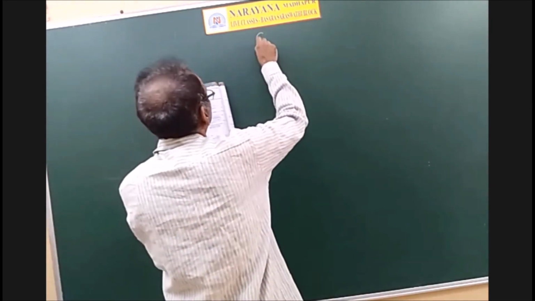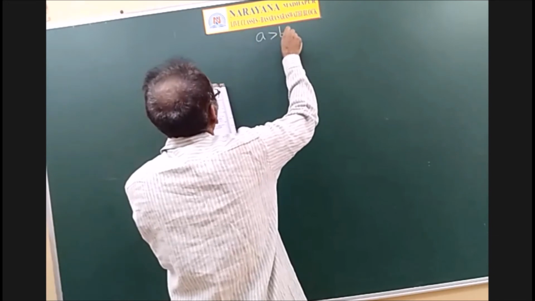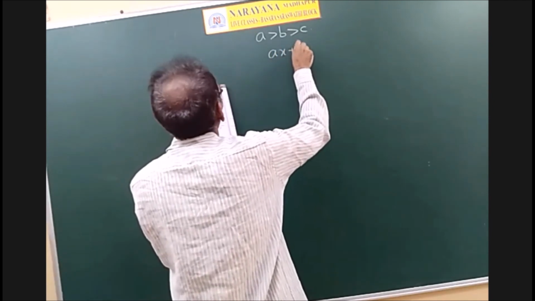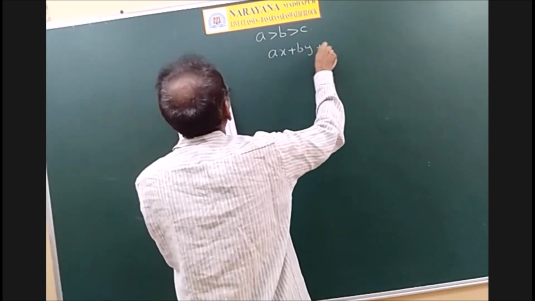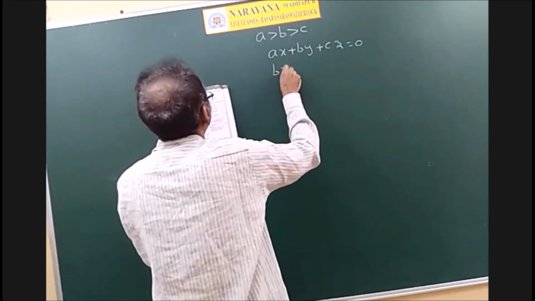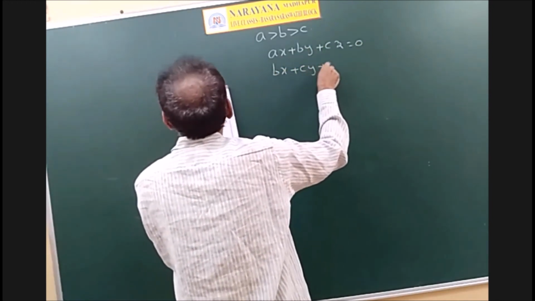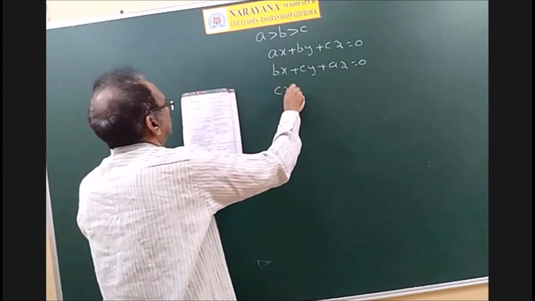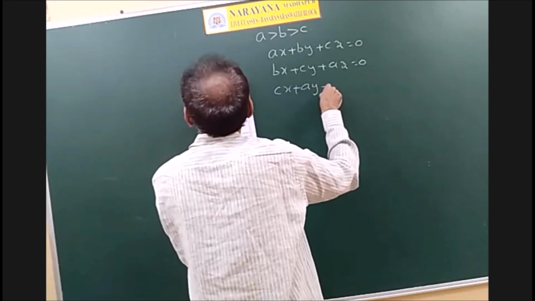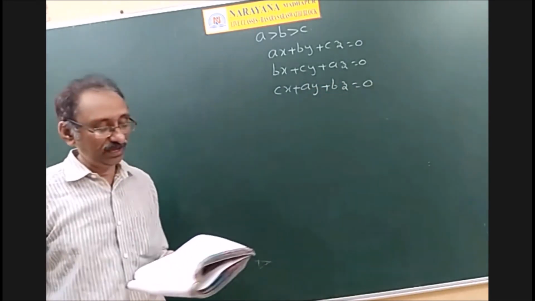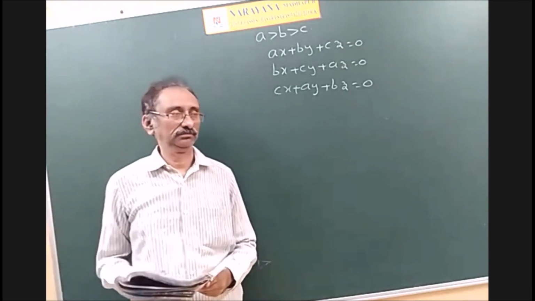So given that a greater than b greater than c, the system of equations ax plus by plus cz is equal to 0, bx plus cy plus az is equal to 0, cx plus ay plus bz is equal to 0 has a non-trivial solution.